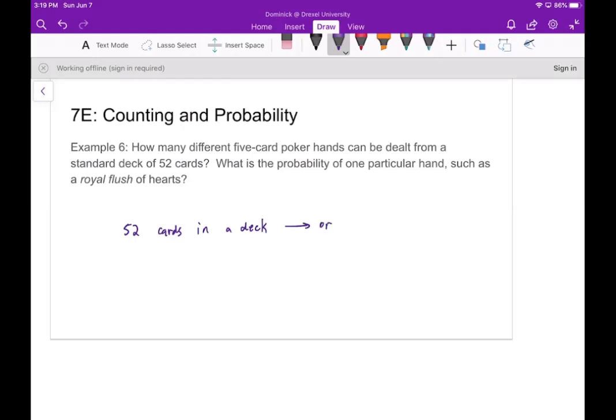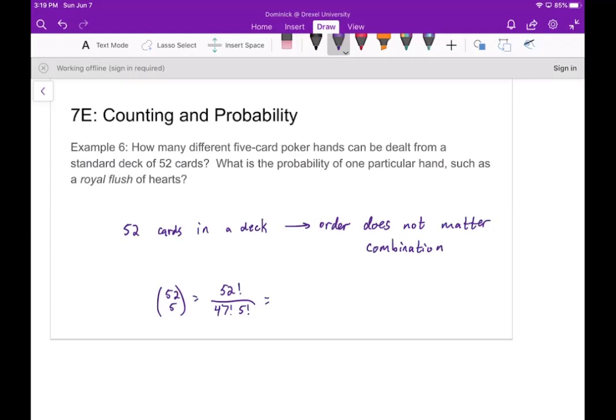So the order does not matter. So again, that tells us that we're doing a combination, right? So the number of ways that we can do this is 52 choose 5. So this is 52 factorial over 52 minus 5, or 47 factorial, and then times an additional 5 factorial, right?